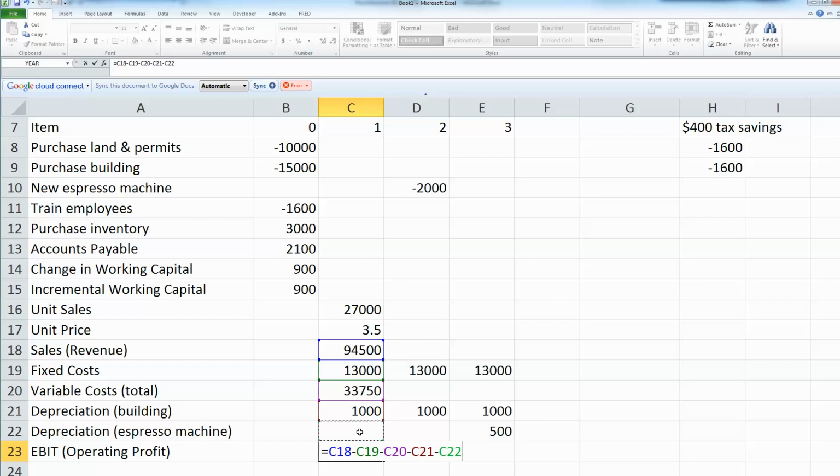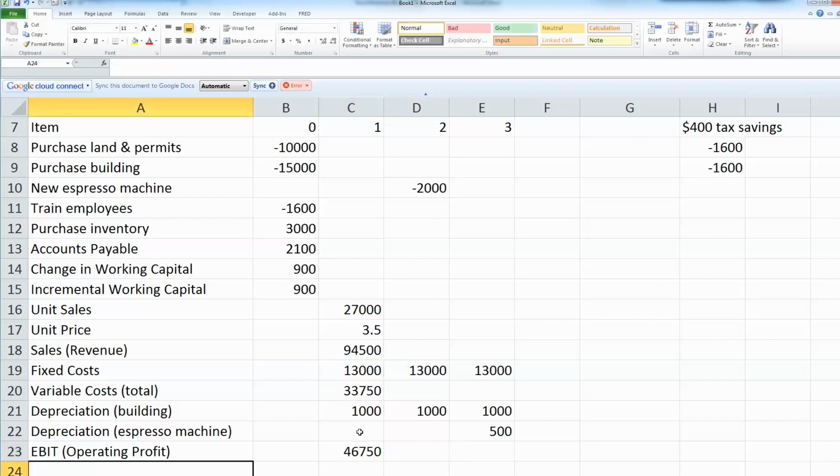And in year 3, there is a value in row 22 for the espresso machine depreciation. So here is my taxable income the first year, and I'm going to copy that across, although I haven't quite finished up here yet.